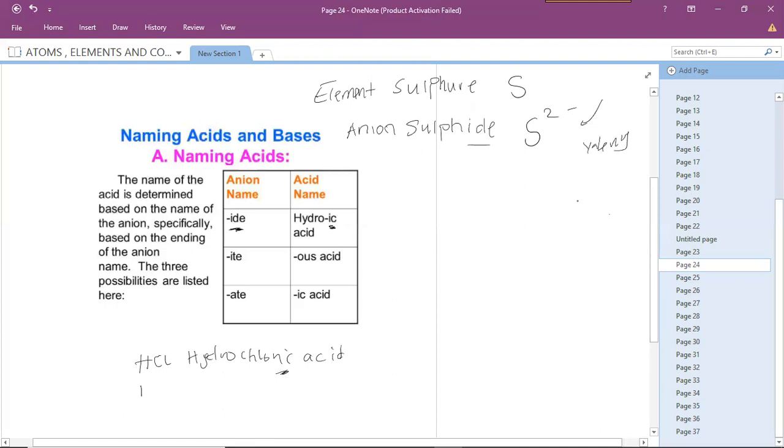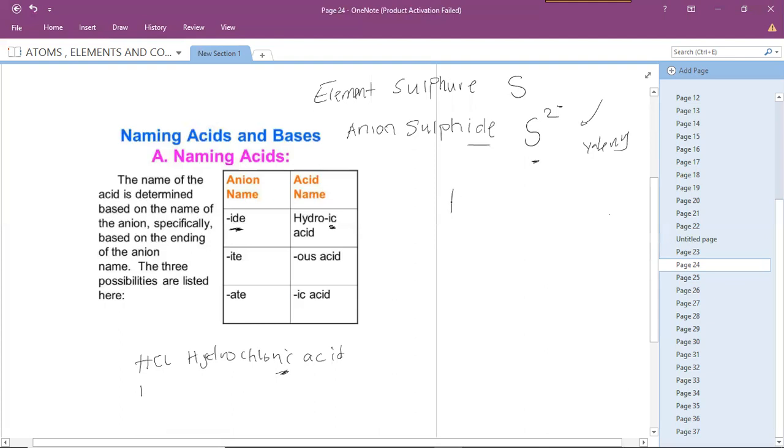You're going to see where this 2 negative comes from, something called valency. If you look at the electronic configuration for sulfur, you realize that it will need 2 electrons to have 8 electrons in its outermost shell. Let me write this charge closer to the sulfur. Once it dissolves in water, water contains hydrogen ions.